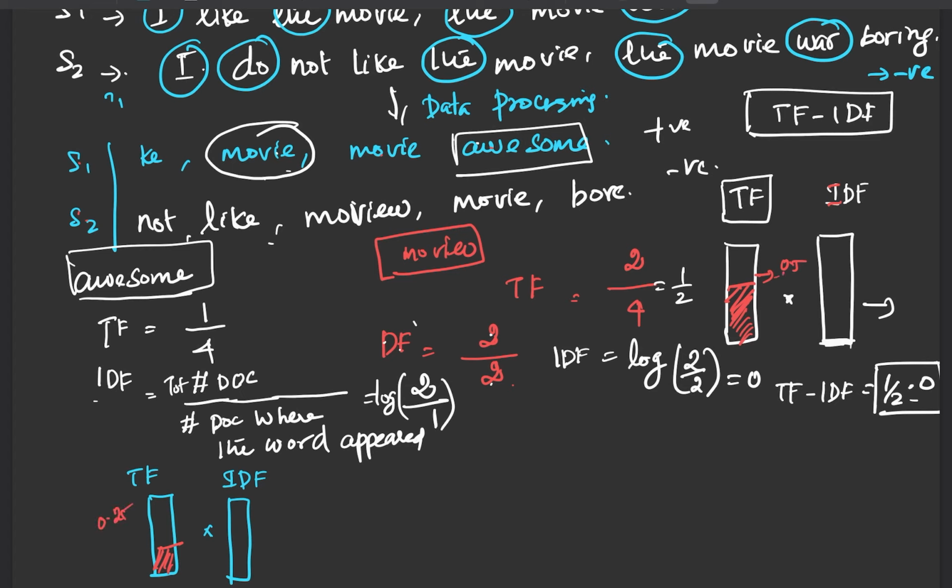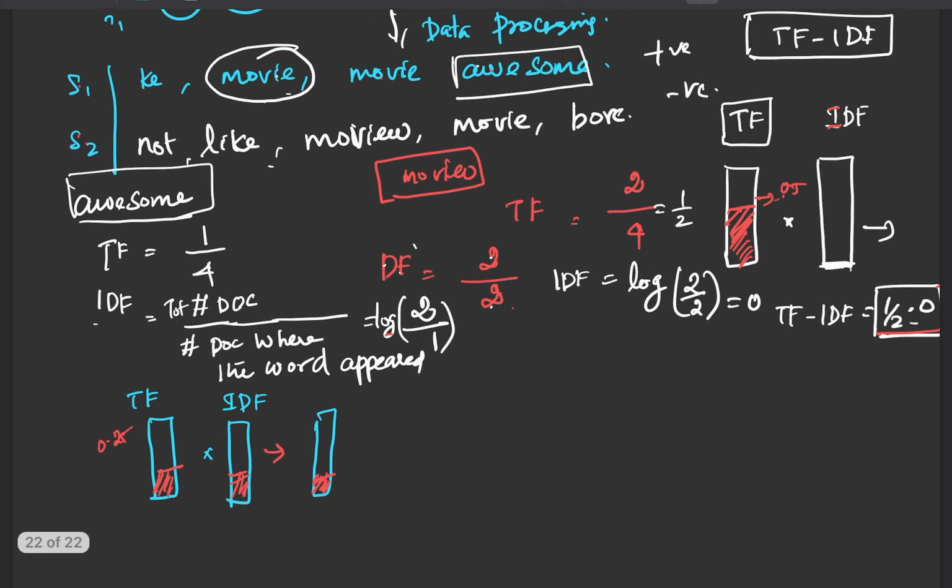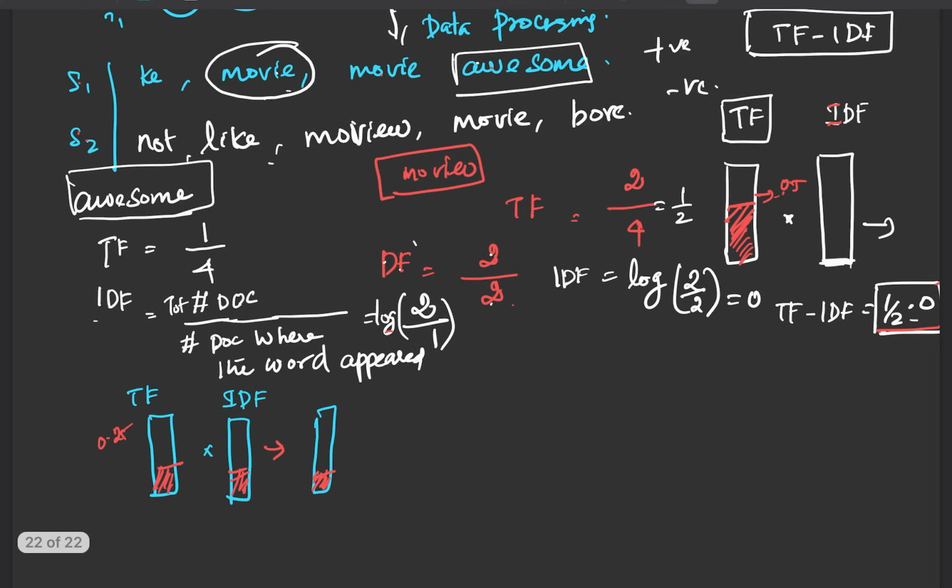But even though it's 0.5, the overall value when multiplied with IDF becomes 0, while here we get some value for log 2. So when we multiply, we get some number. So this is how we can calculate the relevance of the word, the importance of the word within the given document.